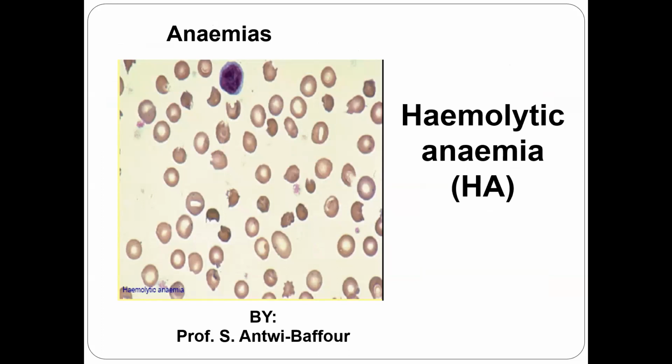Yesterday, I talked about deficiency anemias. And during the follow-up discussions, I mentioned that I wasn't talking about anemia in general, but a classified type of anemia, and that there were other forms of anemia.